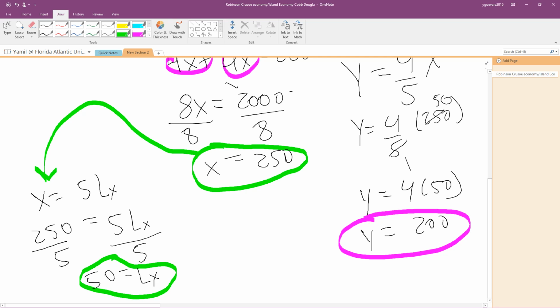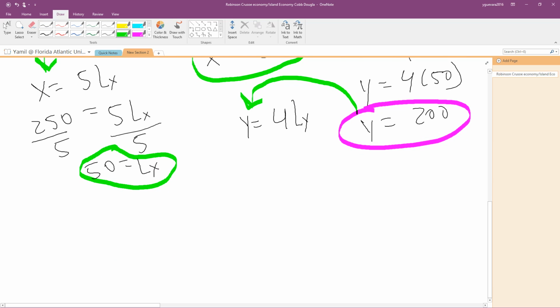Now let's do that same for the other, for good Y. Our production function for good Y was Y equals 4 LY. Now we know Y, so we're gonna plug it in here. So let's do that. Y equals 200 equals 4 LY. Divide both sides of the equation by 4 and we get 50 LY.